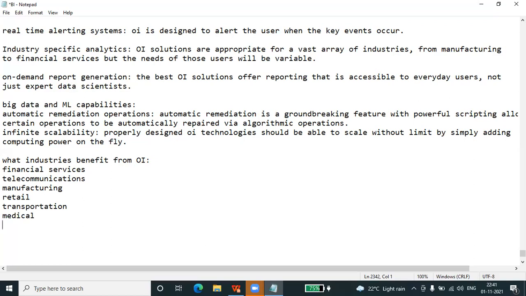So operational intelligence is being used in finance to monitor markets and ensure uptime of critical financial systems where any amount of downtime could cost millions.